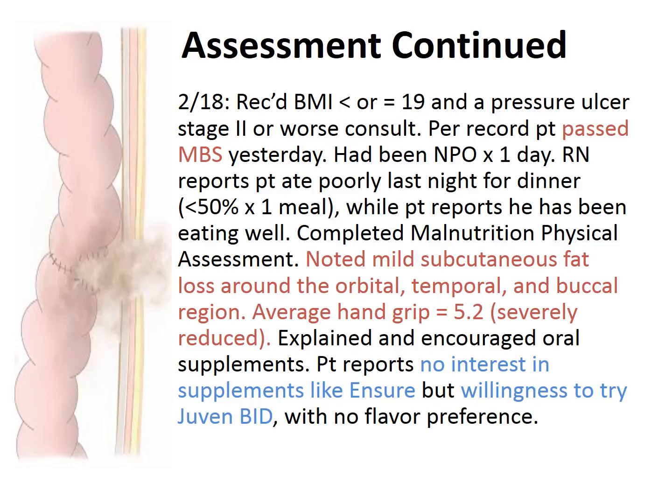Hand grip again was tested, using an average of 3 times, and that gave a 5.2 result, and this is noted to be severely reduced. This blurb also includes intervention, which we'll go into in a little bit.